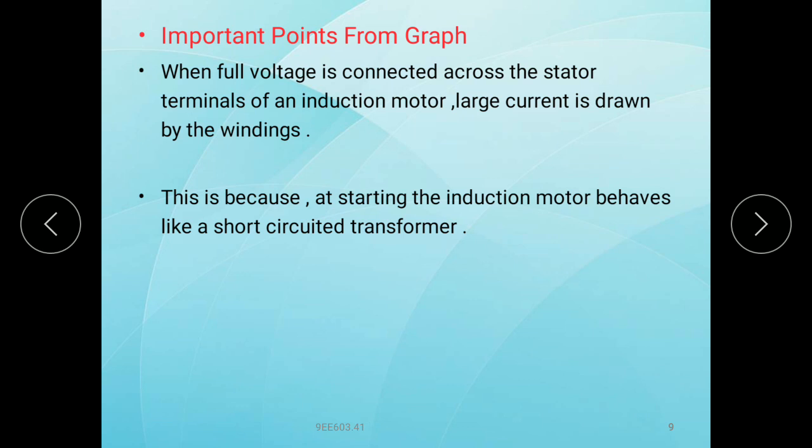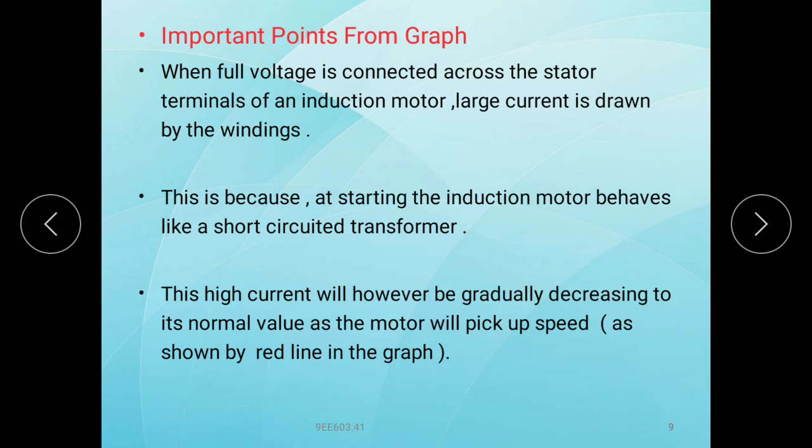This is because at starting the induction motor behaves like a short circuited transformer. This high current will, however, gradually decrease to its normal value as the motor picks up speed, as shown by the red line in the graph.